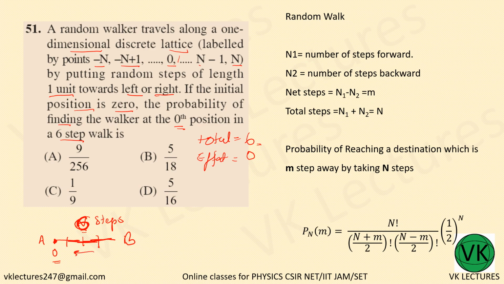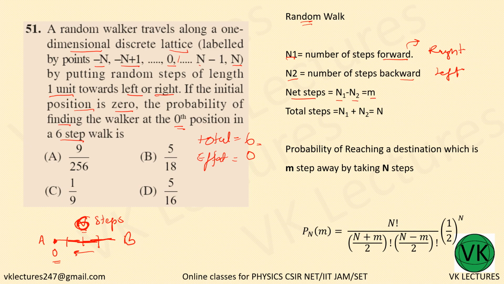Now coming to some ideas about random walk. If n1 is the number of steps forward, with respect to this question you can write it as towards right, and n2 is the number of steps backward, towards left, then the net number of steps is n1 minus n2, which is equal to m.